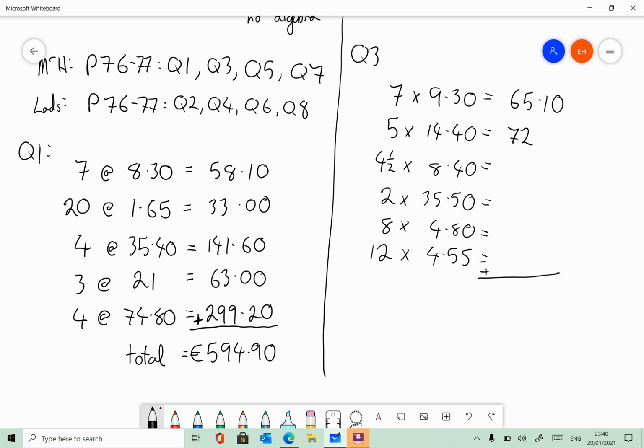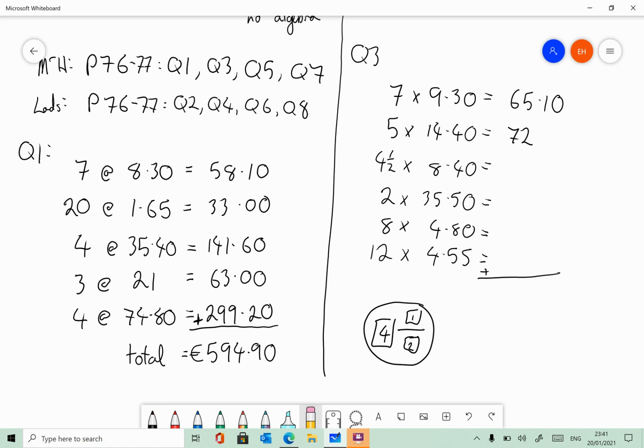To get 4.5 in our calculator, we cannot key in 4 and then the fraction button, okay? There's a very special fraction button on our calculator, and it's the shift version of the fraction button. So we go shift fraction, and that gives us boxes that look like this. So I can put the 4 in here and the 1 in there and the 2 in there, and that means 4.5.